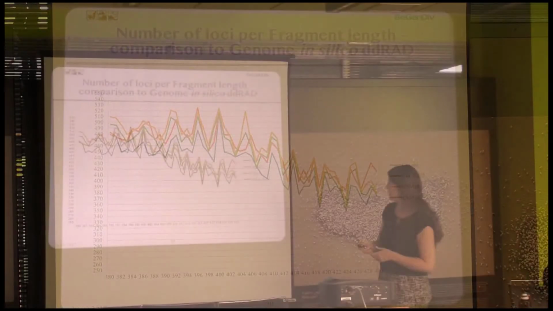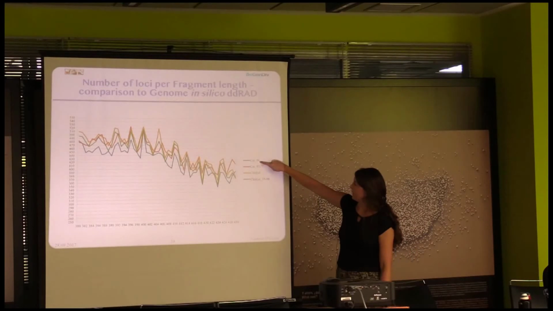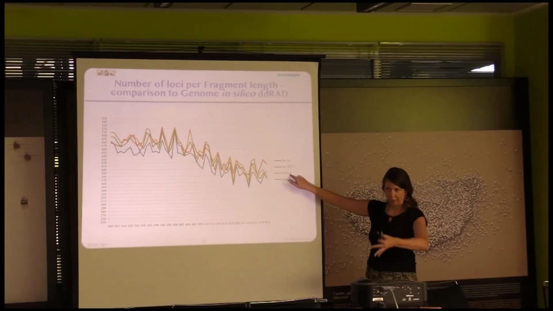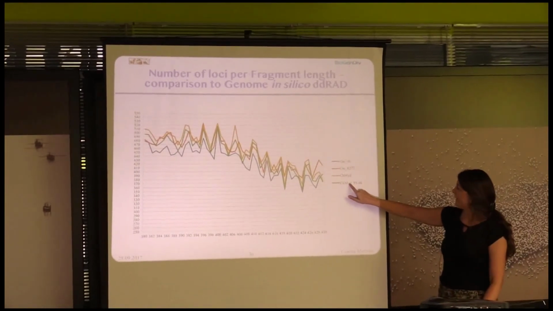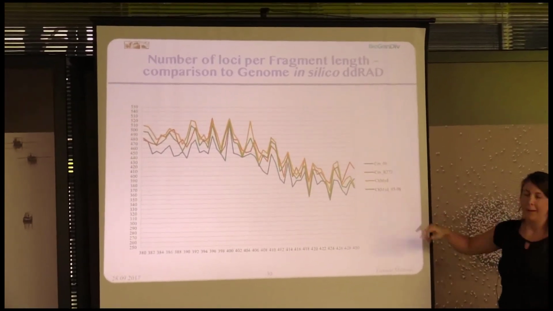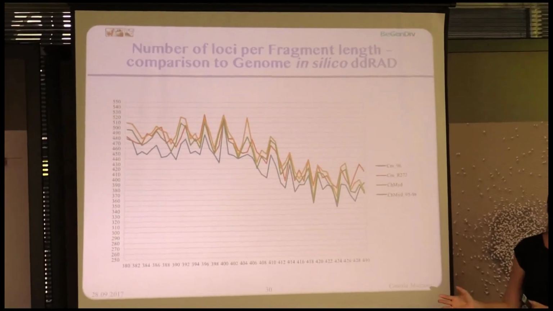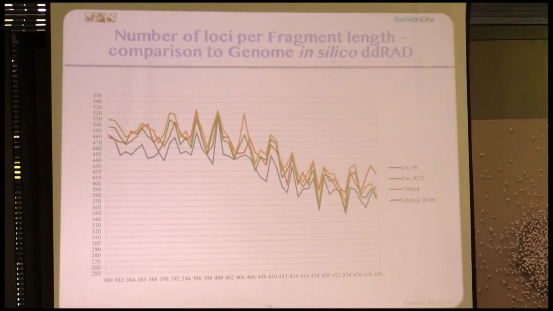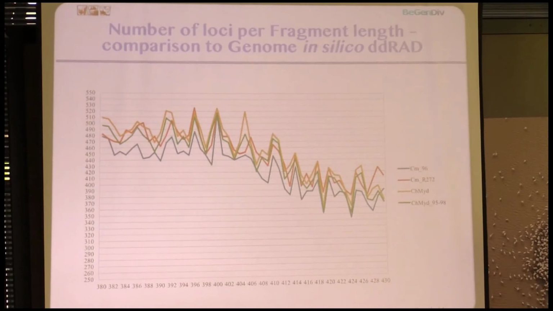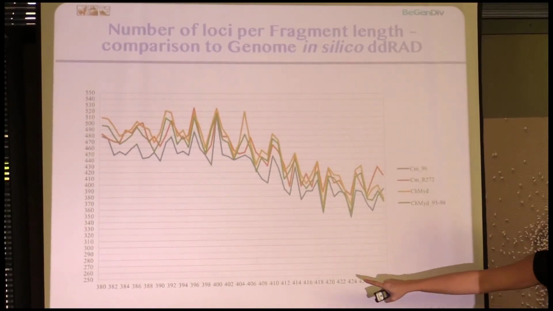So here I have the 2 individuals from the green turtle. I have the genome from the green turtle, where I did an in silico digestion, so I did the simulation. And here is the same data, but that has gone through my pipeline, the pipeline to remove paralogs and errors and so on. And here is fragment size.